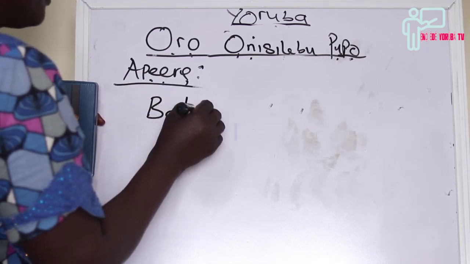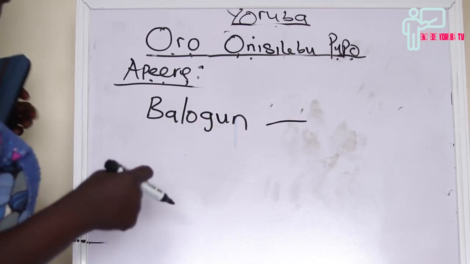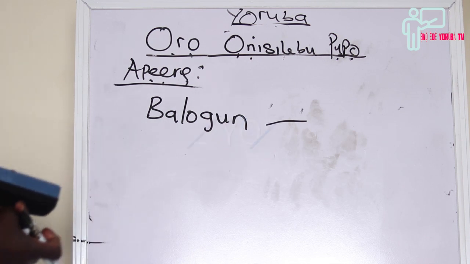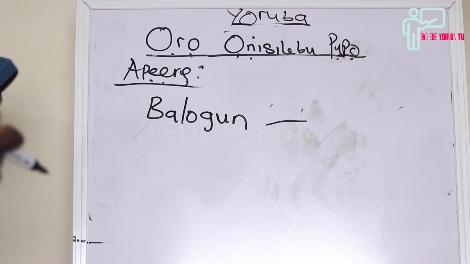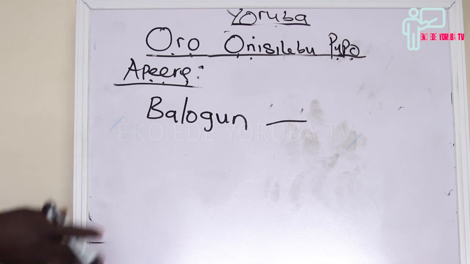Balogun. When we say Balogun, that is a war person. Warrior. The warrior person. Balogun. We source it from the person that has power during the war, that is used to fight, go to other places.